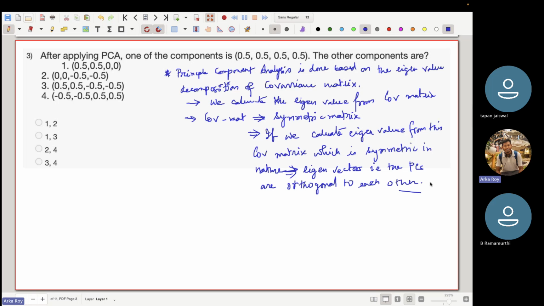And this is basically the knowledge from class 12 mathematics, that as we all know in matrix algebra, if you have a symmetric matrix and you are extracting eigenvectors from a symmetric matrix, the eigenvectors that you have extracted will be orthogonal to each other.